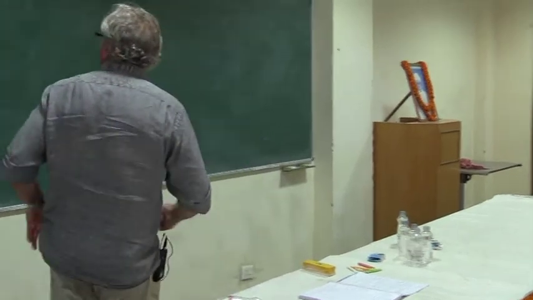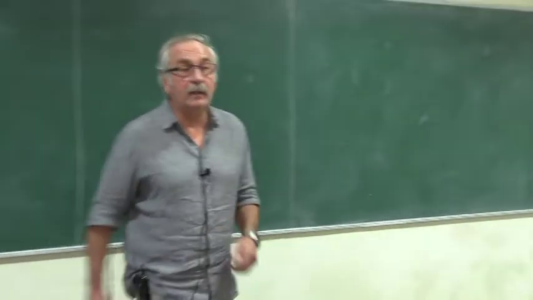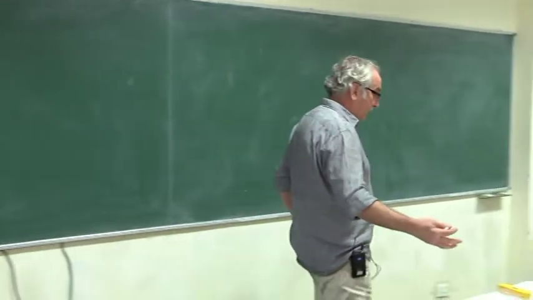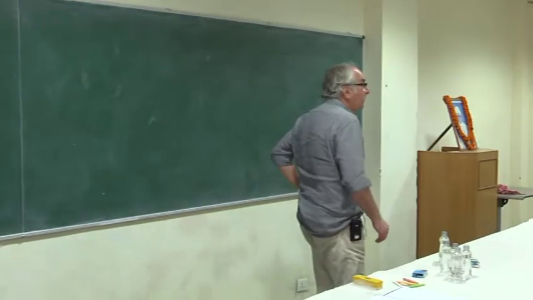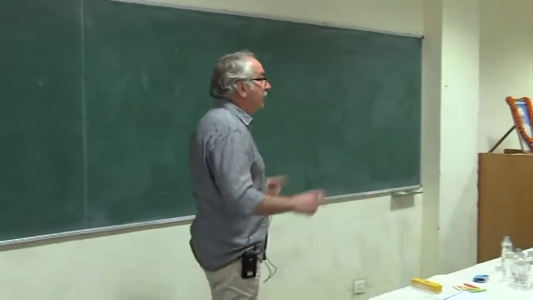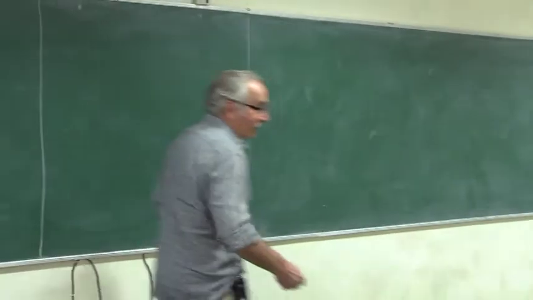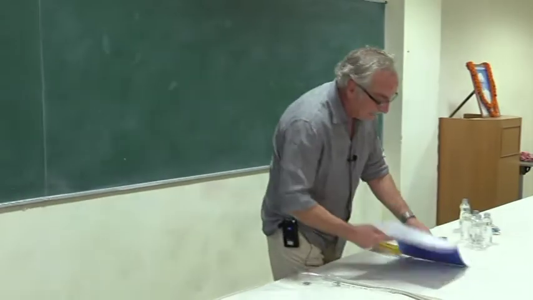But before that, yesterday I defined delta hyperbolic metric spaces using triangles, but there is a definition using quadrangles. So let me write it down. I need my notes, I'm sorry.